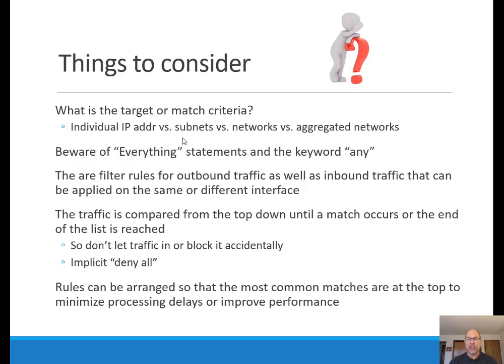Now, traffic is compared top down. So when you have a filter list and you say, well, I want to control traffic and I'm going to put the filter rules in this particular order. Let's say, for example, I want to allow a particular host to get to the web and only the web. So I put a deny statement in.